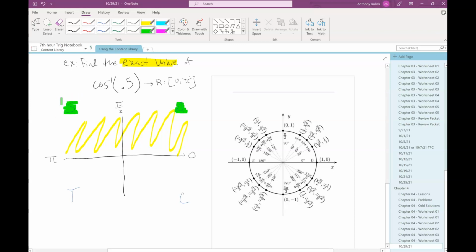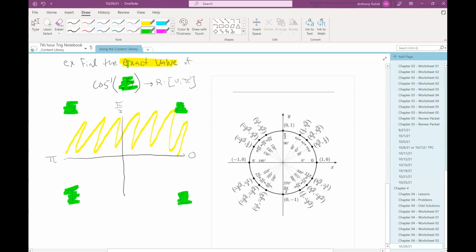Sine is positive in the second quadrant, but cosine and tangent are negative. T stands for tangent. Tangent is positive in the third quadrant, but sine and cosine are negative. And C stands for cosine. Cosine is positive in the fourth quadrant. Sine and tangent are negative. Everybody's okay with that?